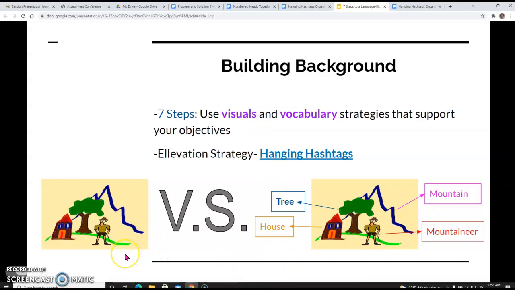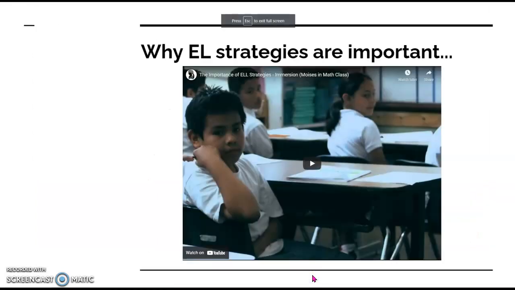We have an example of a visual with no words, which gives us an idea, but it means a whole lot more when there's that academic vocabulary attached to it. So that way it helps us relate not just visuals, but visuals with words. Now here we're going to watch a short video of why our EL strategies are important.